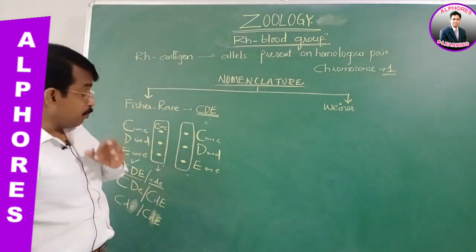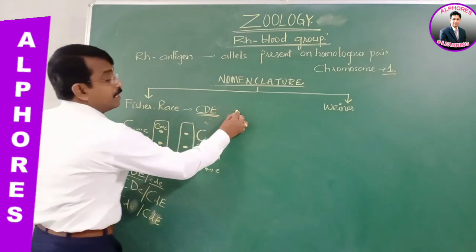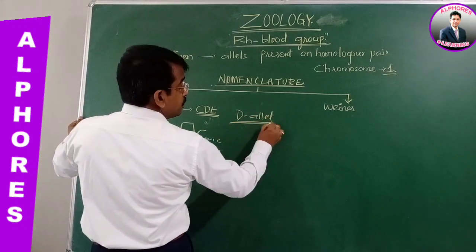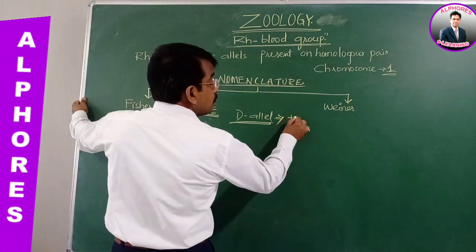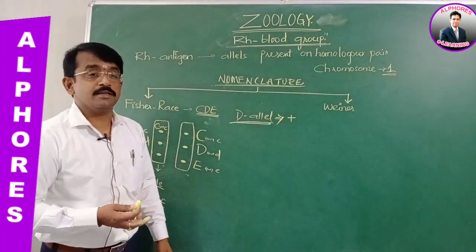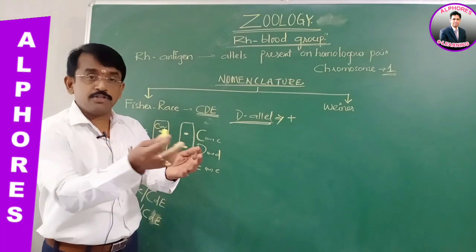And the point to remember: presence of the capital D allele is going to be considered as a person being Rh positive. Earlier we have seen that a dominant allele is considered to be positive.